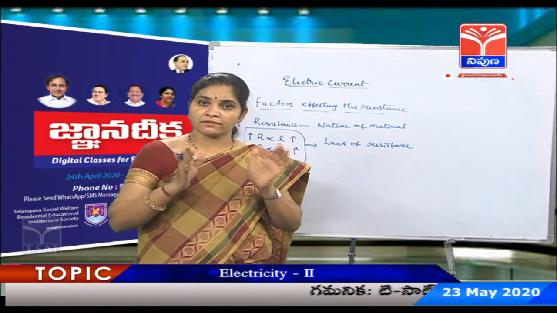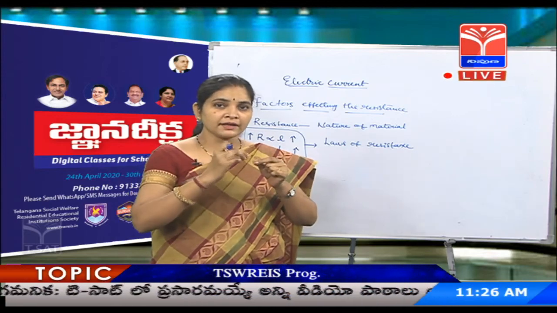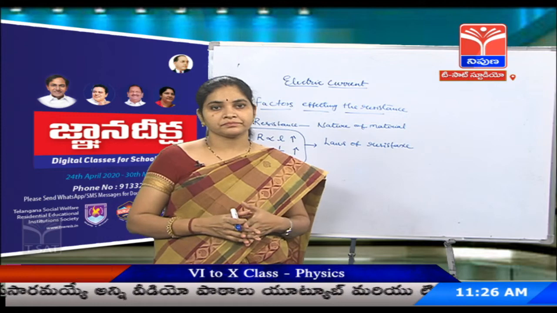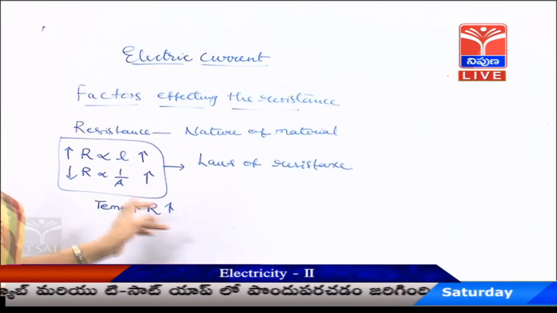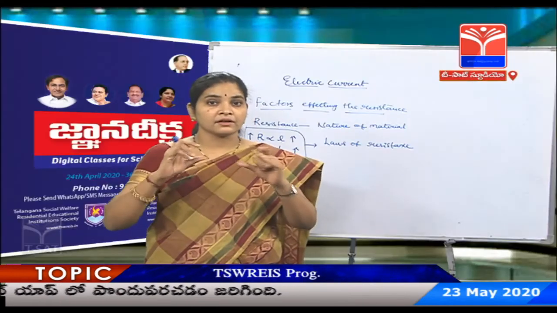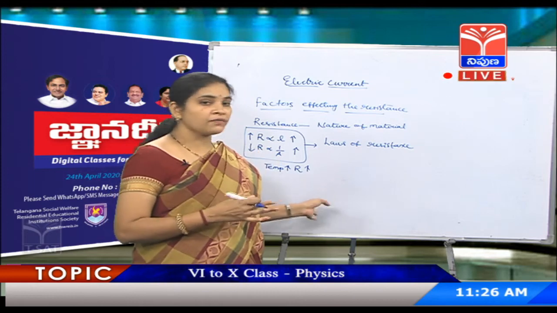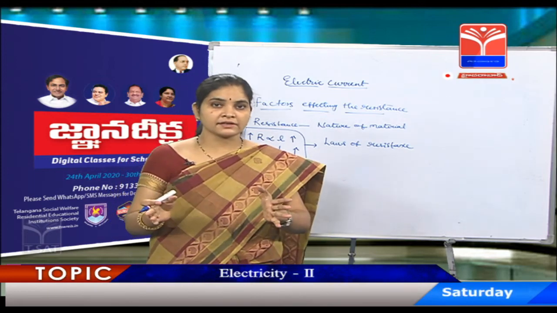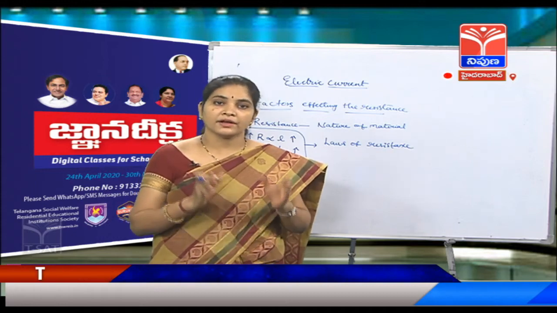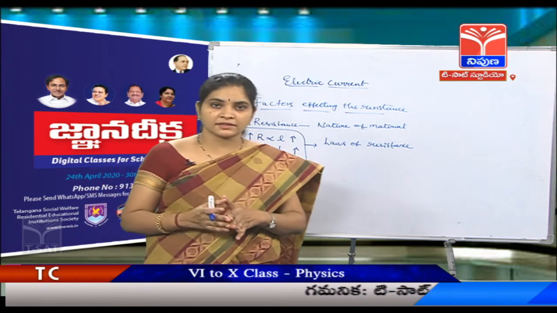This is the reason why the filament of the bulb is made very thin and long. Resistance decreases when the area of cross section, the thickness of the wire, increases. And the fourth factor is temperature. When the temperature increases, resistance also increases. So these are the factors which affect the resistance.